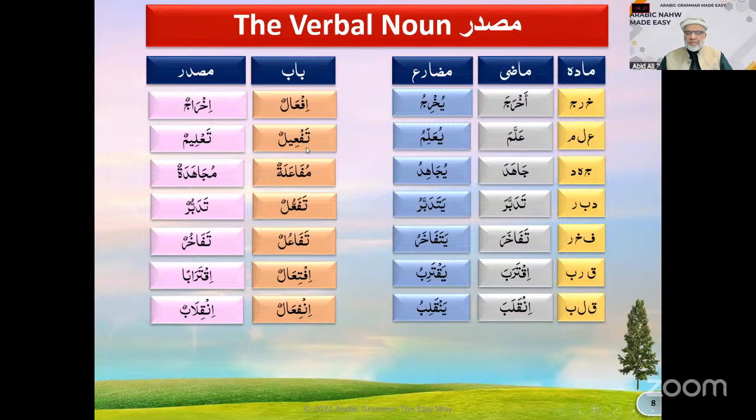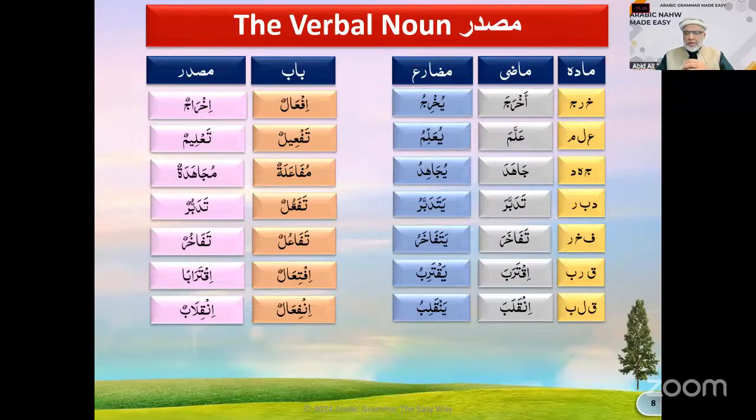Ikhrājun, Tafīlun, Ta'līmun, Mufa'alatun, Mujahidatun, Tafa'ulun, Tadabbarun, Tafakhurun, Ifti'alun, Iktiraban, Infi'alun, Inkilabun. Now a quick show of hands that you understand the idea of Maṣdar. That is why we're doing this exercise.